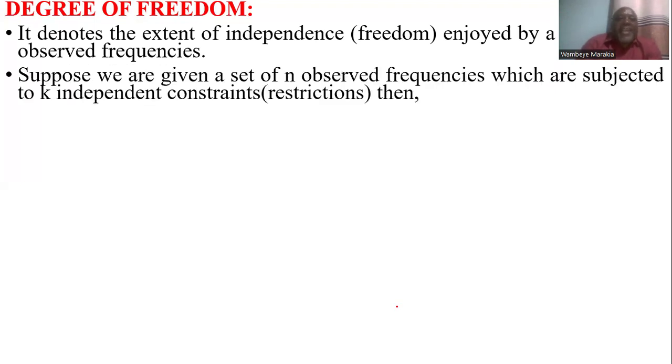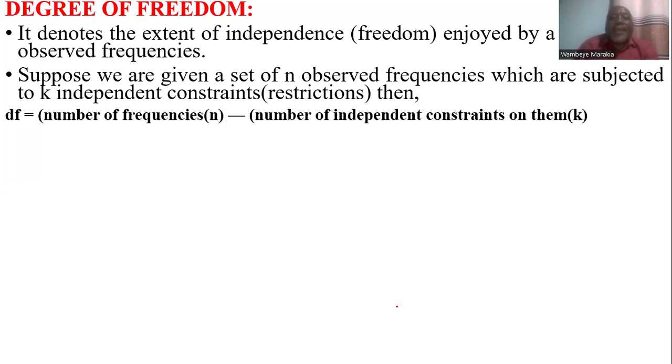If we have n observed frequencies subjected to k independent constraints or restrictions, then the number of frequencies n minus the number of independent constraints k gives us the degree of freedom.